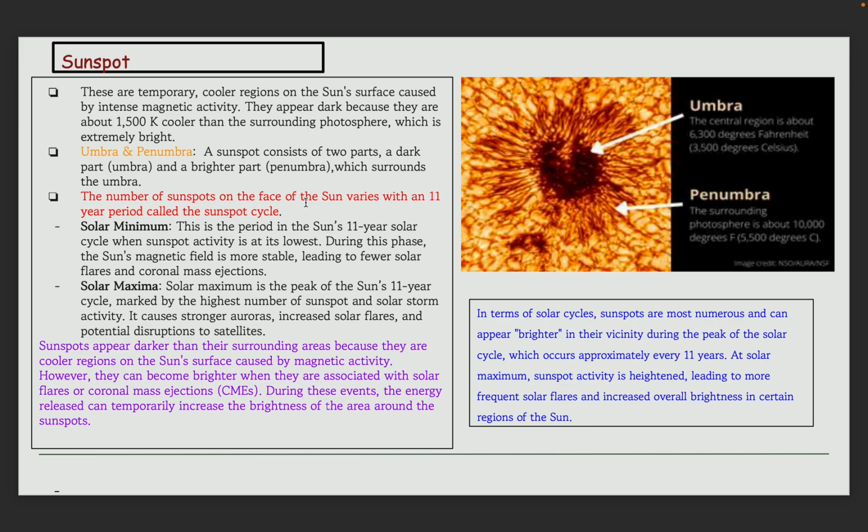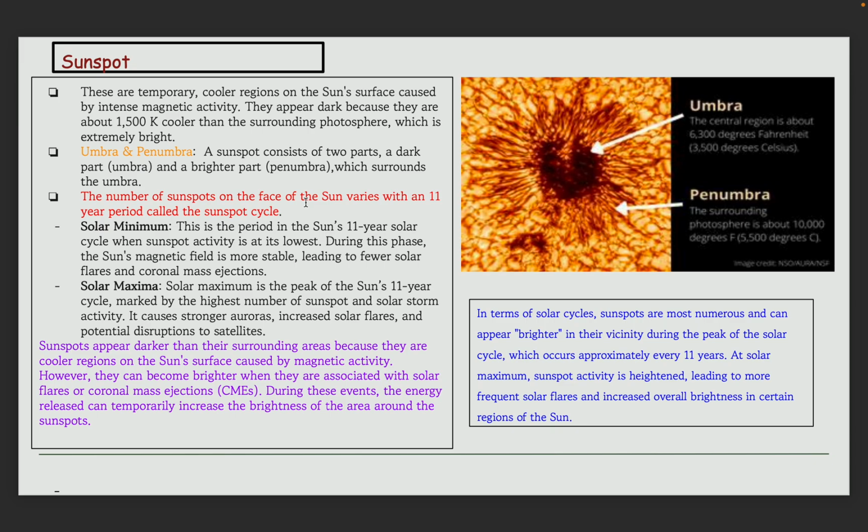For now, you can take that solar minimum is the phase when the number of sunspots is minimum in the solar cycle, and solar maxima is the phase where the sunspot number peaks, reaching the highest number.